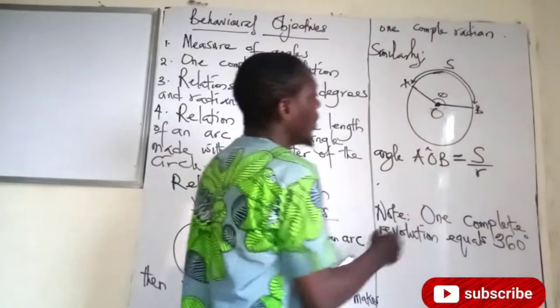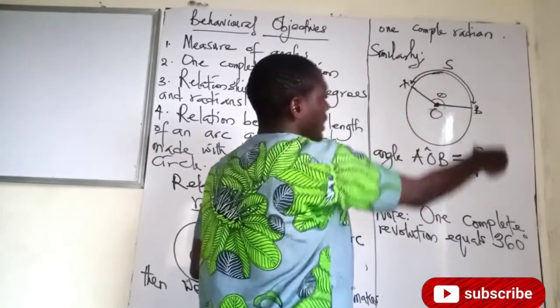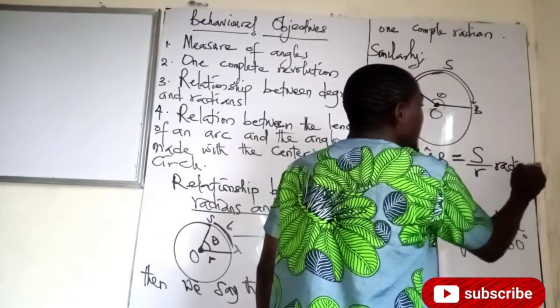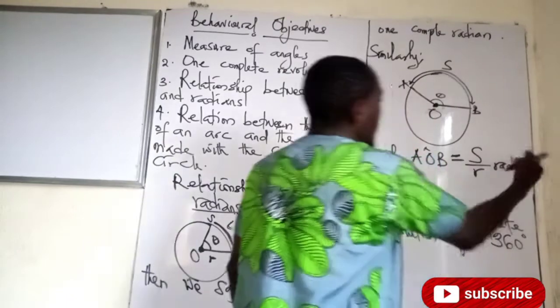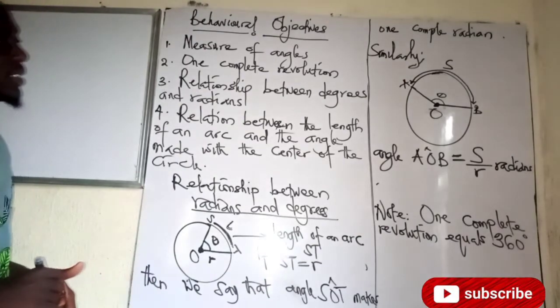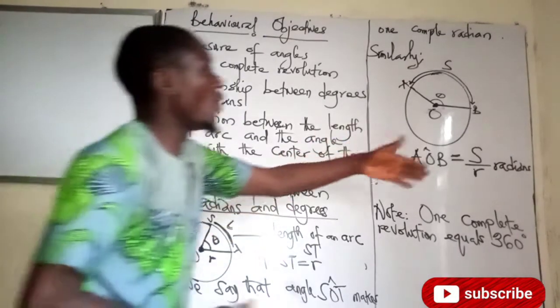So in this case now, S is greater than R, so we have S over R radians. This is how we relate the degrees with radians.